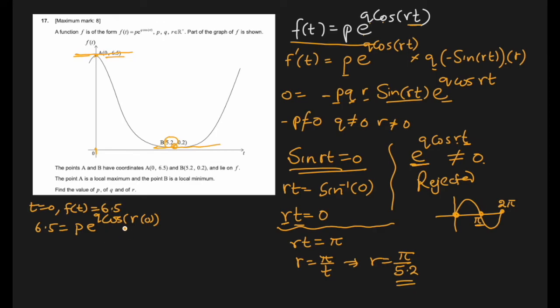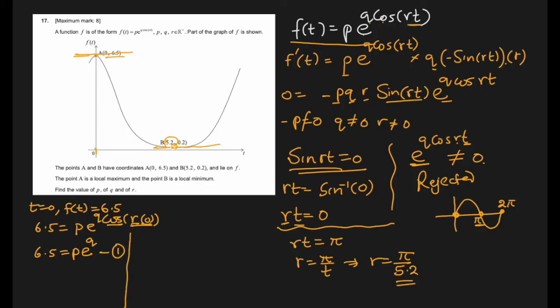Time is 0, R times 0 is 0. Cos 0 will be 1. So 6.5 equal to P e to the power just Q. So P comes out to be, or let's leave it like this. We may use it later. So let's call it equation number 1.